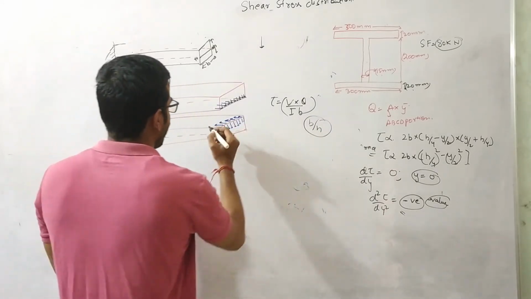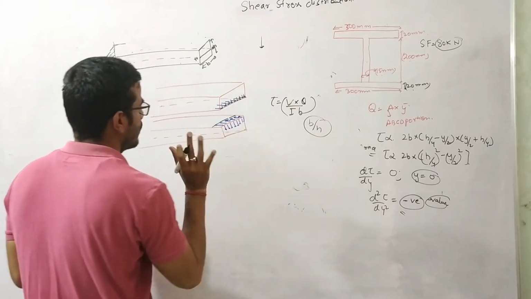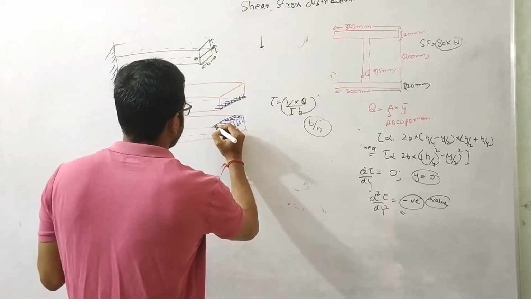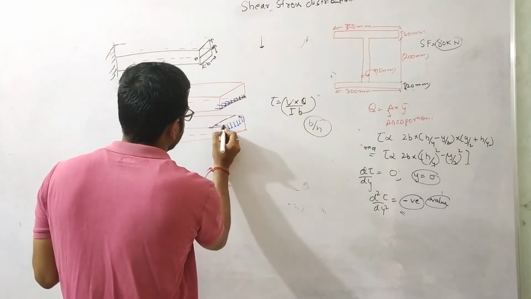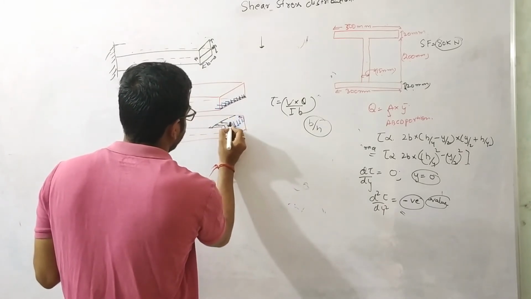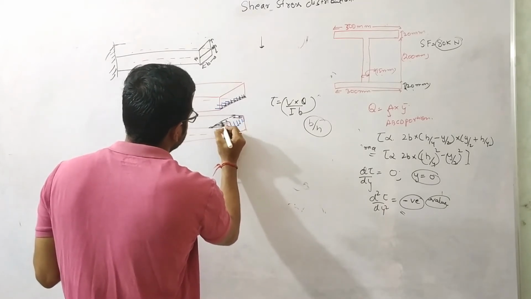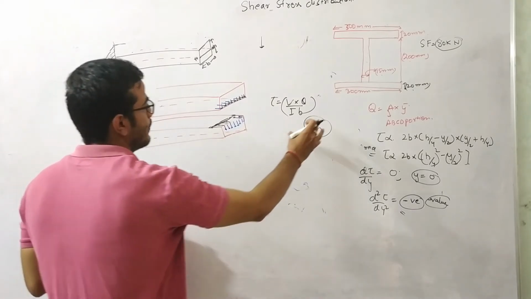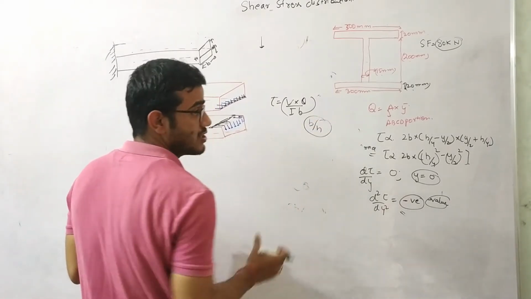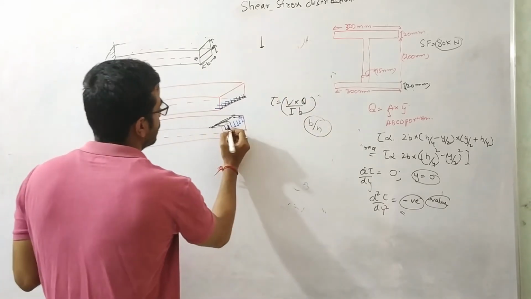By this formula the shear stress distribution is constant, but in the actual case it will be maximum at this point, then a little bit lower, then lower again, and at this end also it is maximum. So the distribution will actually look like this, depending on the B by H value, meaning how much variation there will be with respect to this formula. Similarly for here also.